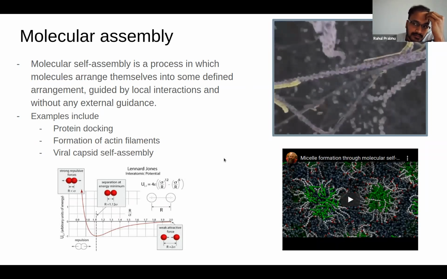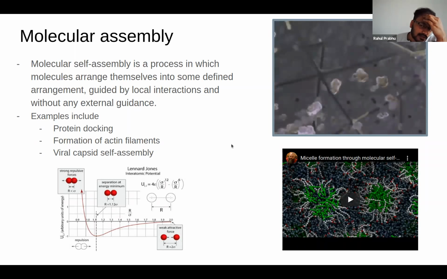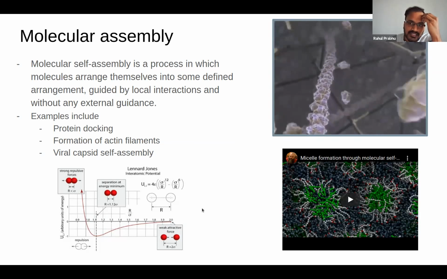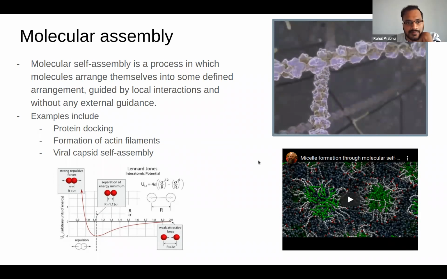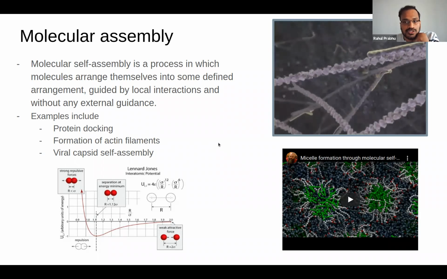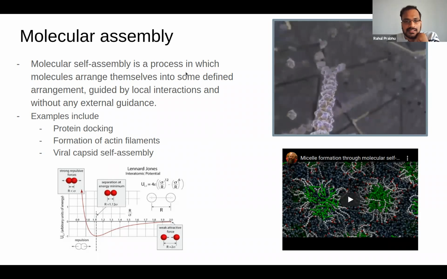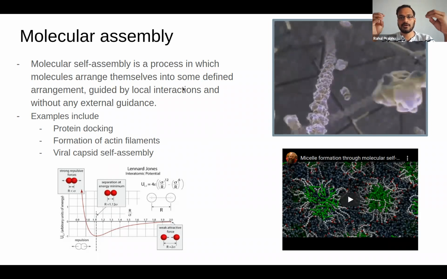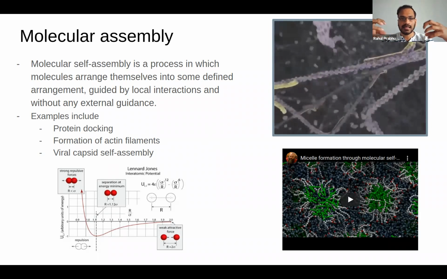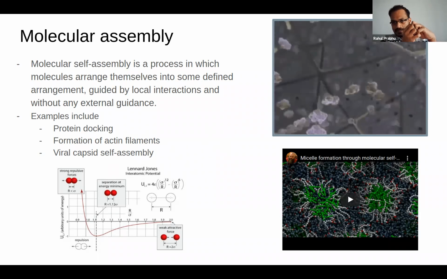So I'll talk about now this idea of using Cayley configuration spaces in molecular assembly. I'll spend some time setting up the problem, and then I'll talk about how Cayley configuration spaces are used here. Molecular assembly is a process in which huge protein molecules that have potentials on their atoms are guided by local interactions, and they arrange themselves into some predefined shape.